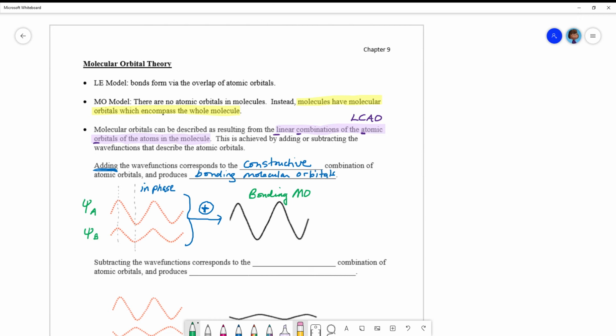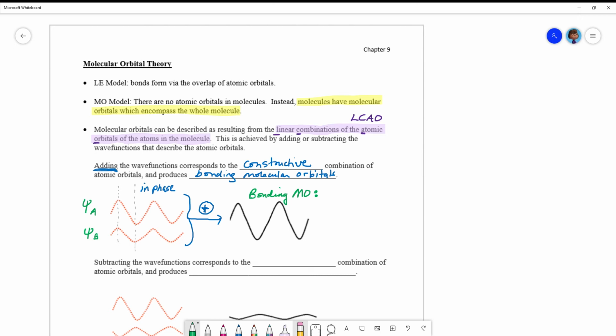I'm going to use MO for molecular orbital. Now, it turns out that bonding molecular orbitals will always have lower potential energy and be more stable than the original atomic orbitals that were combined together.